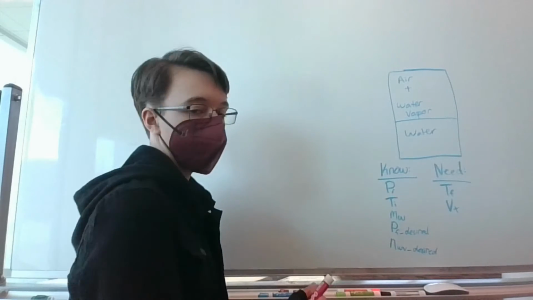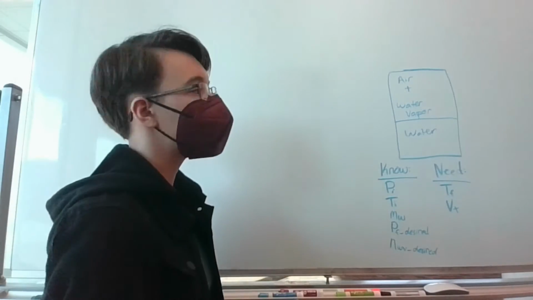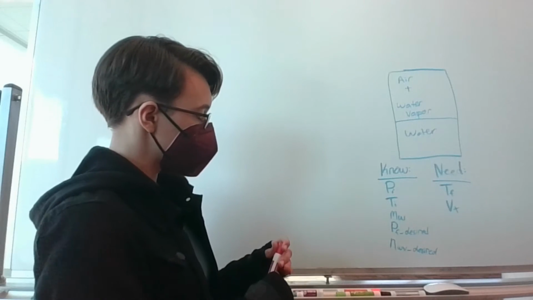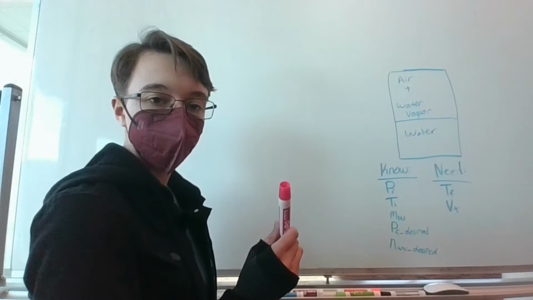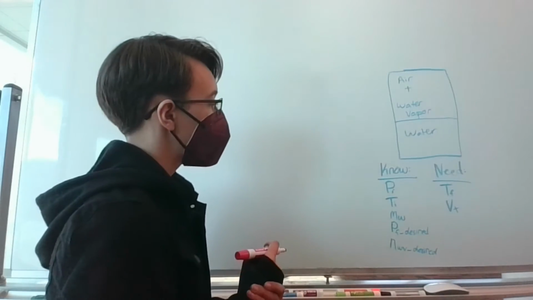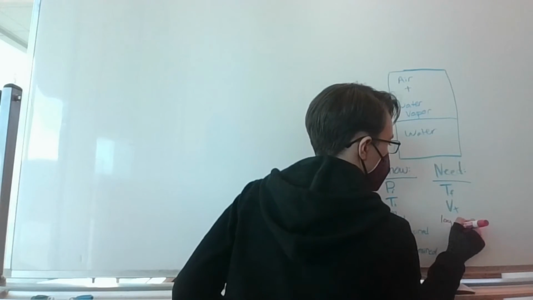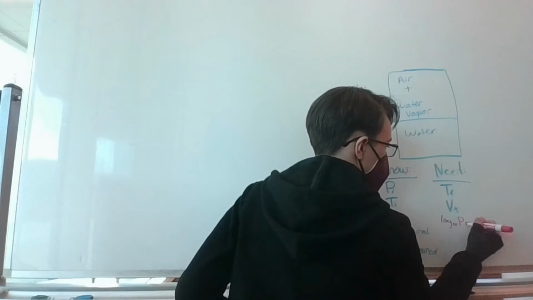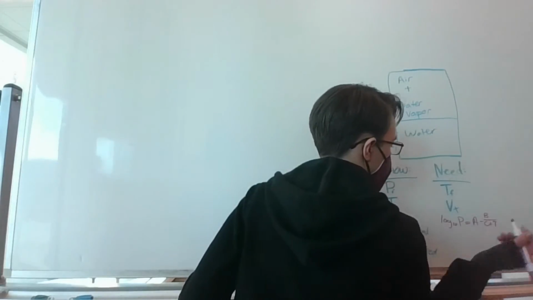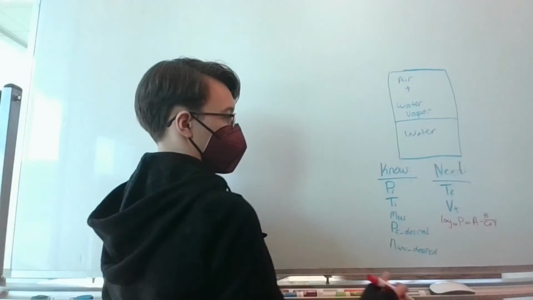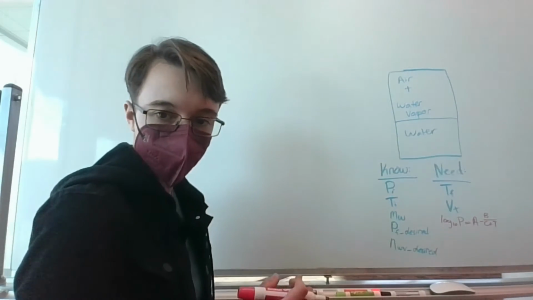Alright, so now that we have our problem set up, let's think about some equations that we can use to find these values. One thing you'll notice is that we are given the initial temperature. If you'll remember from one of the previous videos that I have done, the Antoine equation is the log base 10 of the pressure is equal to A minus B over C plus T. That means we can input a temperature and get out a pressure based on some experimentally determined constants.